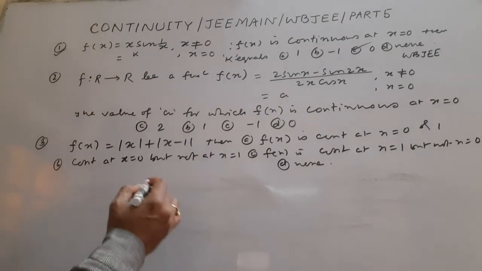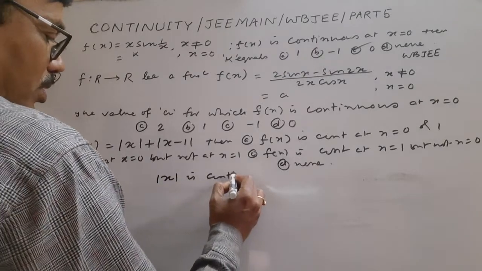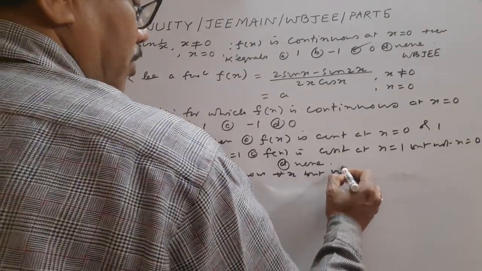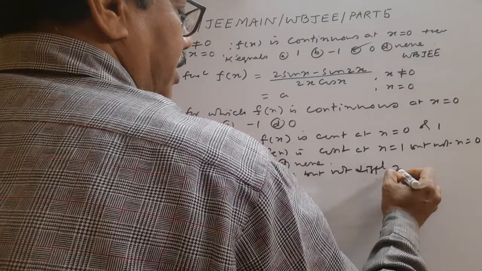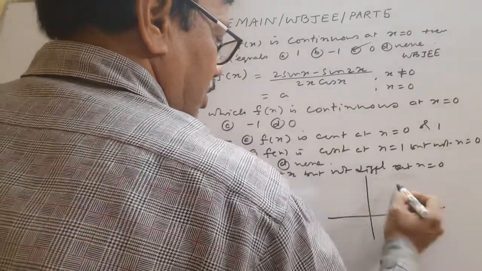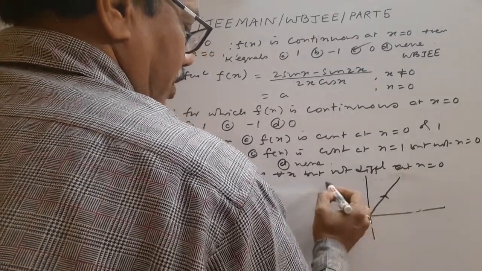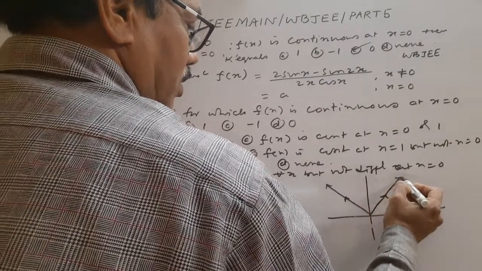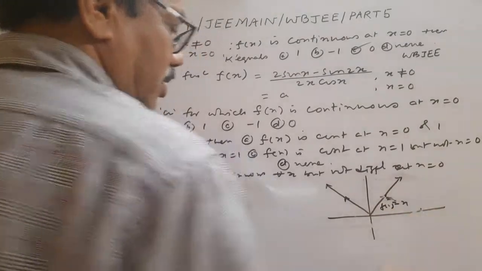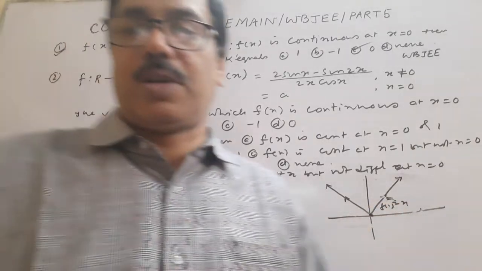So, we know, try to recall, |x| is continuous for all x but not differentiable at x equals 0. So, this is |x|. I have already discussed it. This is x, f(x) equals, and this is minus x. Look, it has a cusp at x equals 0, so it is not differentiable.